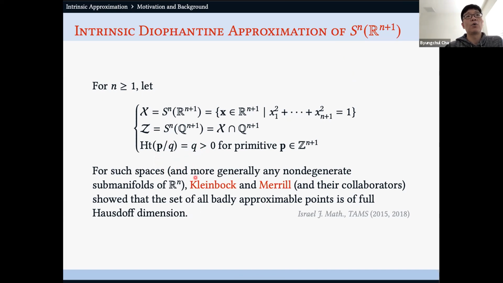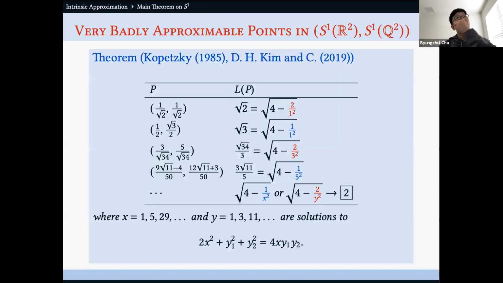That's how we fix the height so that we have plenty of supply of badly approximable numbers. This will serve us well for this talk because I am mostly interested in spheres. So this choice of height will work for the rest of the material in the talk.